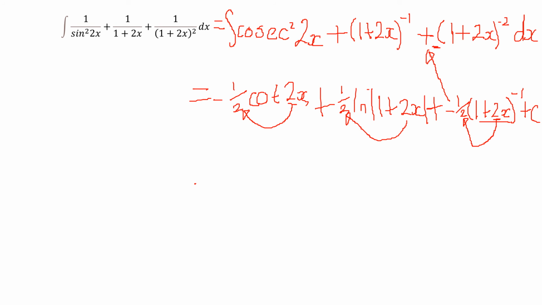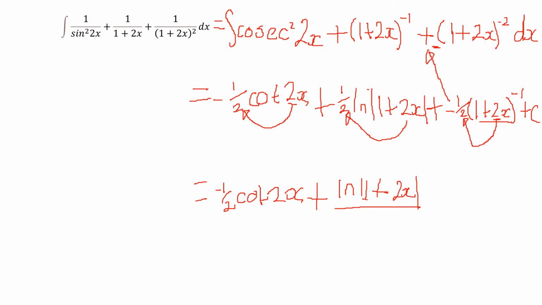Okay, right, let's tidy this up. You've got minus a half cot 2x. You've got here, I'm going to write this as log mod 1 plus 2x, and then that's over 2.